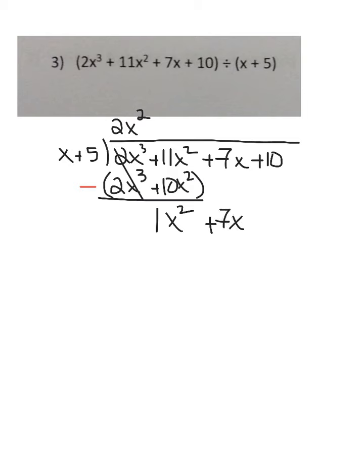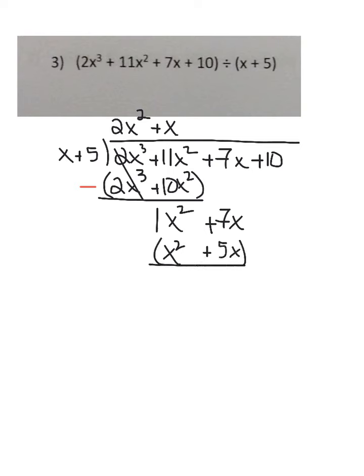So I am going to ask myself, what do I multiply x by to get to x squared? And that would be an x. So I'm going to put plus x here. And then we multiply this x by that x, and that's going to give me x squared. And then I'm going to multiply this x by the 5, and that's going to give me a positive 5x.